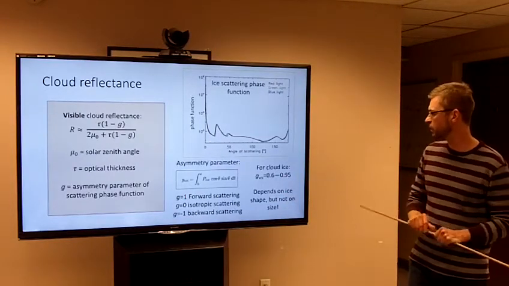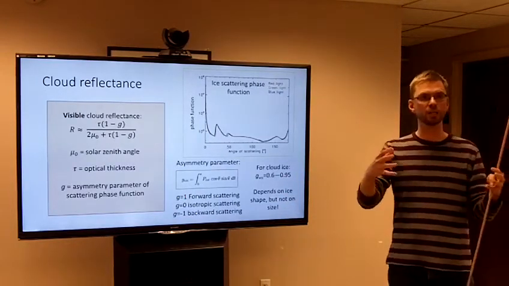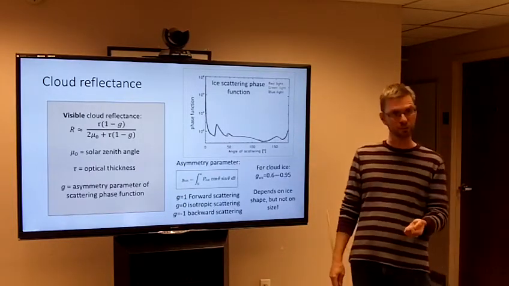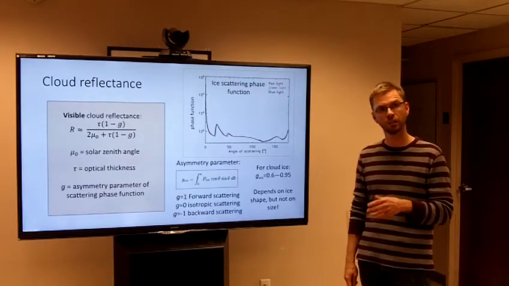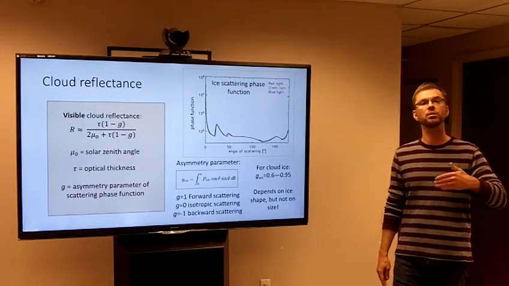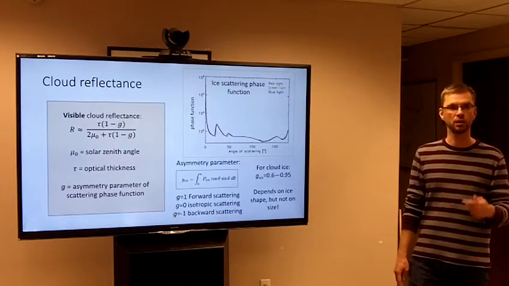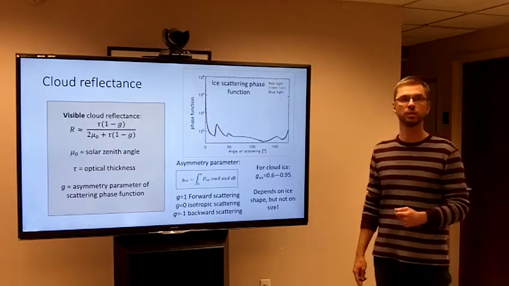The point to make is that for ice, which is big enough, the scattering phase function, and that's also the asymmetry parameter, does not depend on the size of the ice crystals, but it does depend on the shape of the ice crystals.